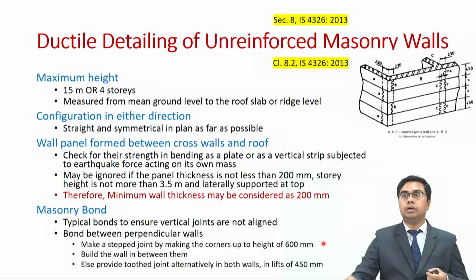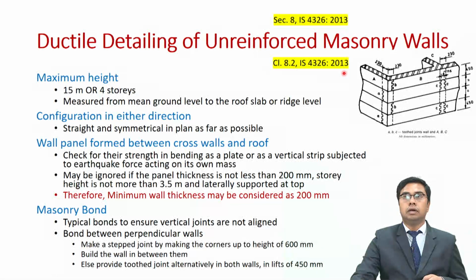Or the other way out is that you can also provide toothed joint alternatively in both walls. As you can see here, we have provided toothed joint in one wall and then alternatively in the second wall, and so on. For each case, the lift is 450 millimeters. All these are available in clause 8.2 of IS 4326: 2013.